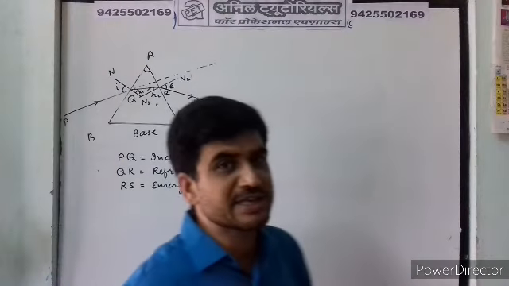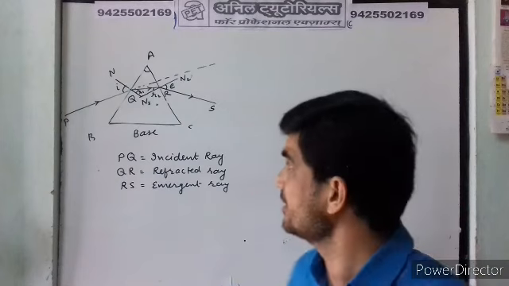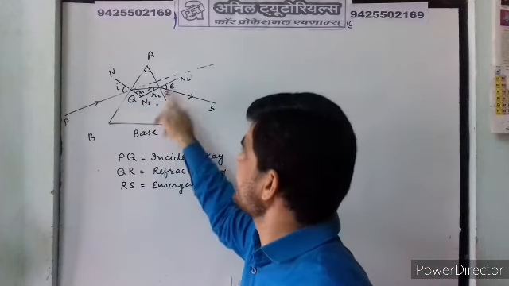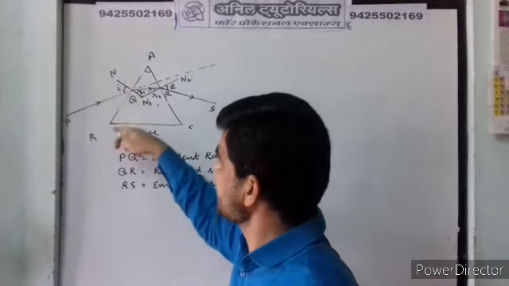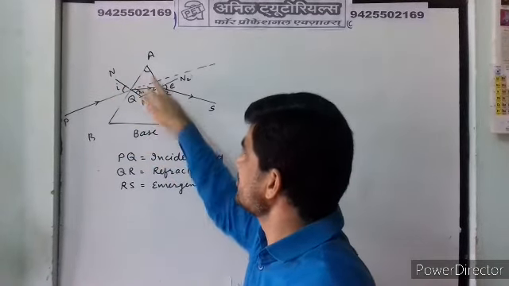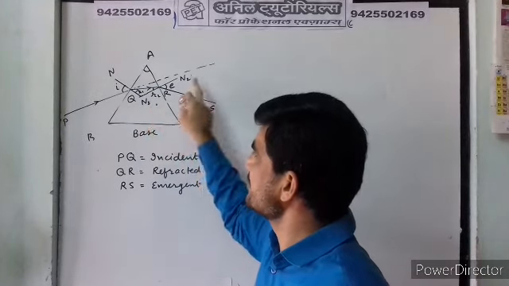Okay, see the angle i, it is made by the incident ray with the normal. So here N1 and N2, N1 is a normal. Okay, so the normal on this surface AB is N1, and the normal on this surface AC is N2. This is the normal.